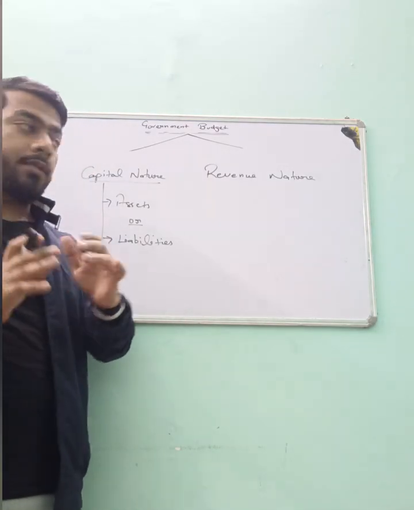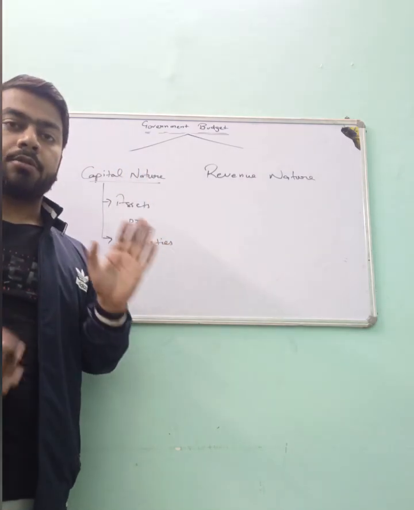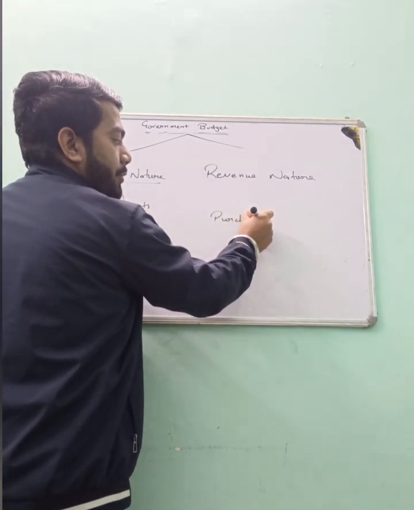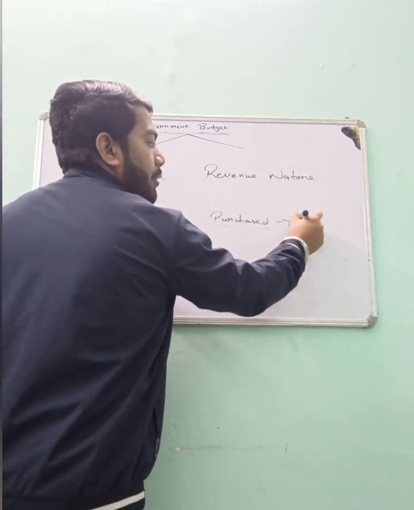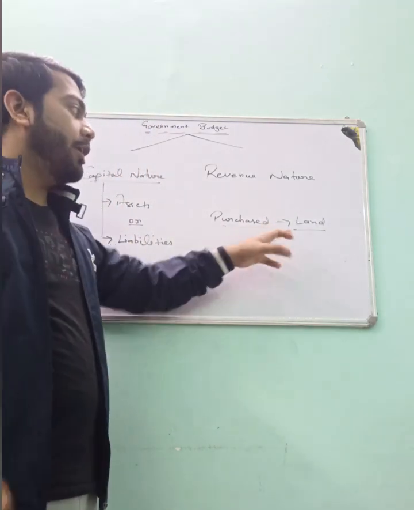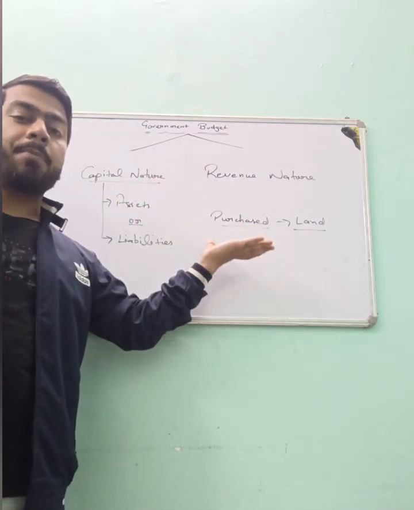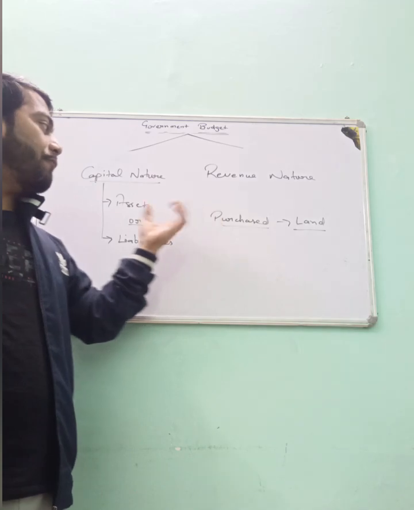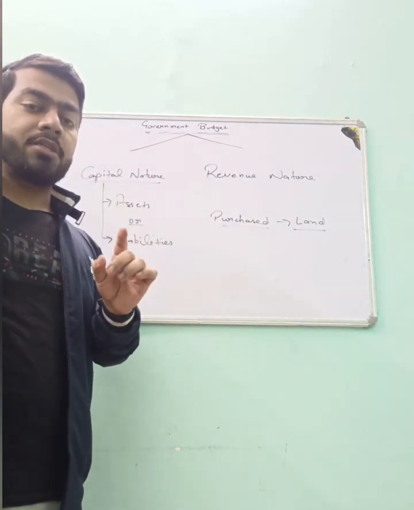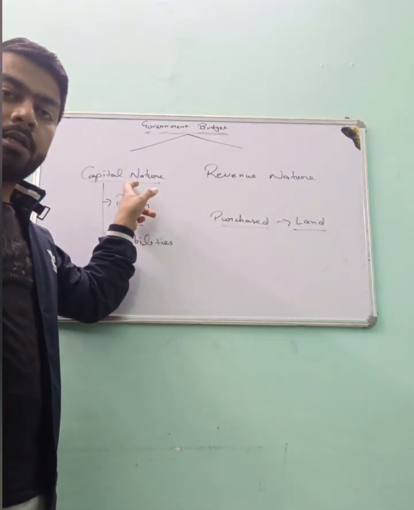If anything is affecting either asset or liability, it will form part of capital nature. For example, we have purchased one land. Land is an asset, so it will form part of capital expenditure. It is a type of capital nature expenditure because it is affecting asset. So, if any transaction is affecting asset or liability, then it will form part of capital nature.